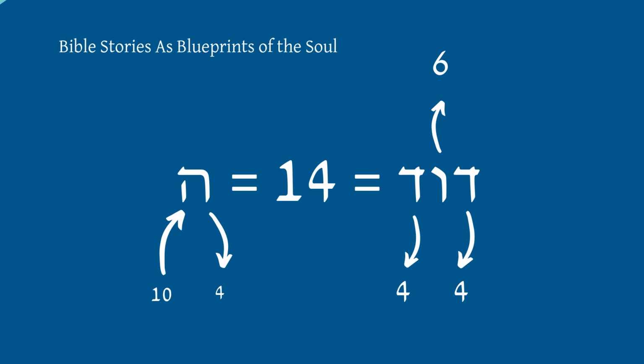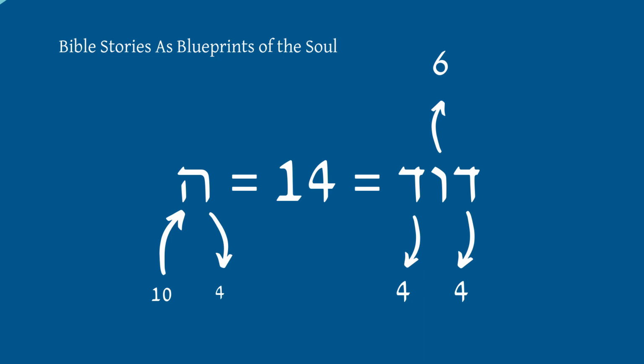One of them is for the Dalet, which is 4, another for the letter Yod, which is 10. And here we see that the letter He, when it's written with 2 Hebrew letters, equals 14.